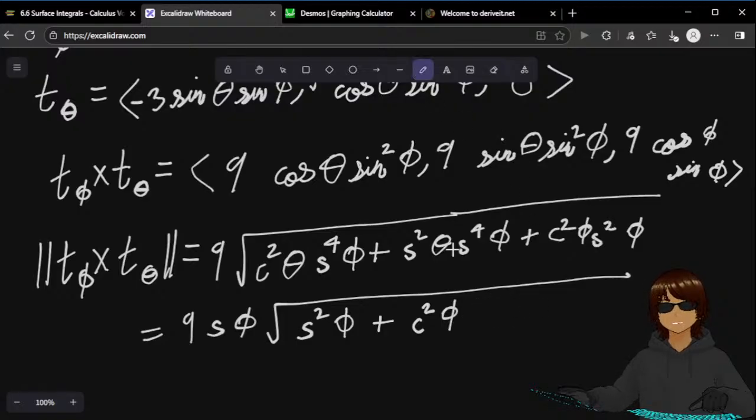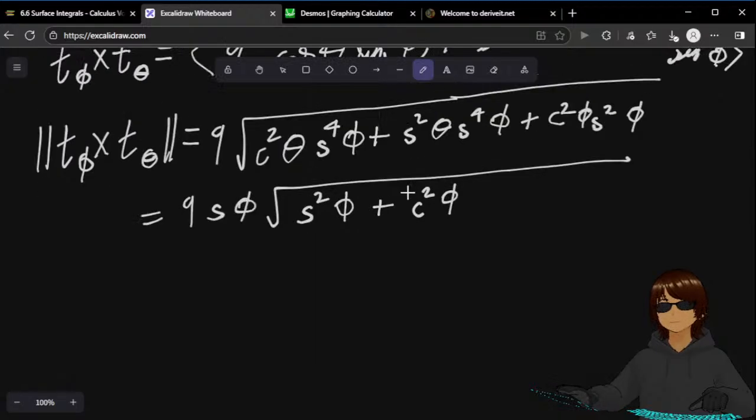Sine square phi, sine square phi, sine square phi. We can factor it out and then we get sine phi here. Then cos square theta, sine square theta, they add up to make 1. So we are left with sine square phi because the other two sines went out. Then we are left with this, which is 1.